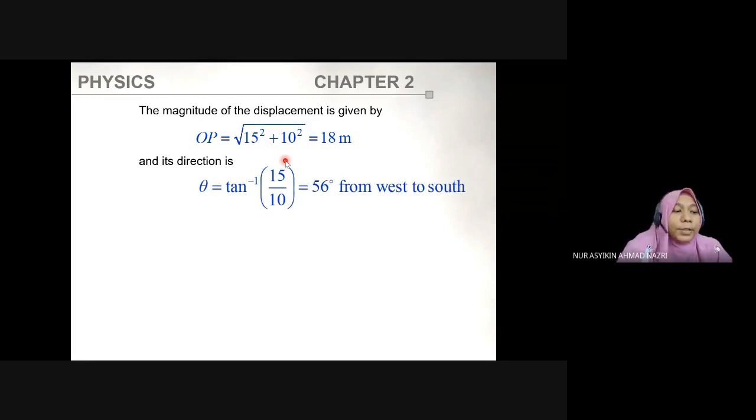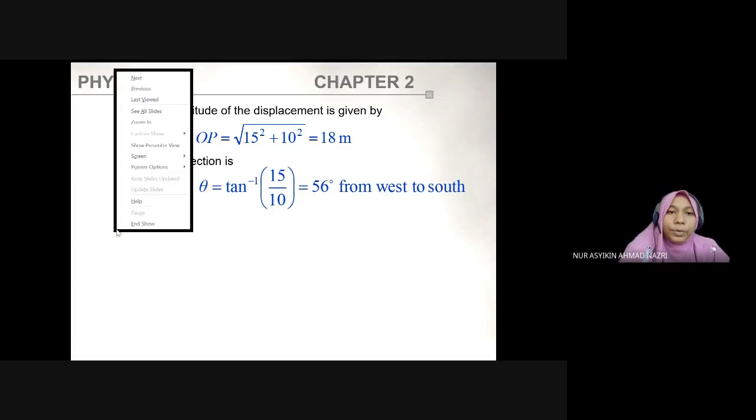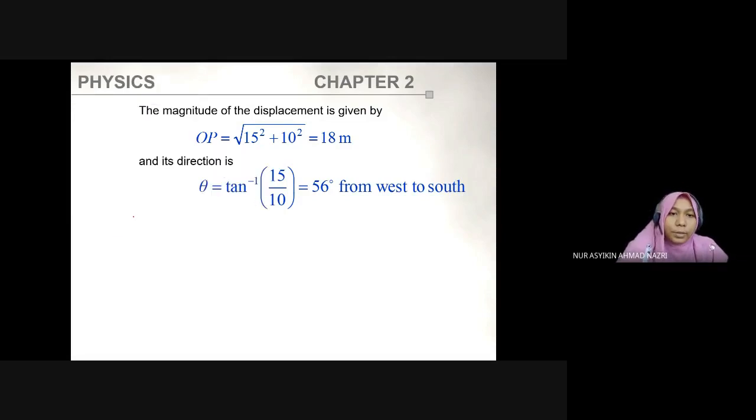And then for the direction, again, why we use tangent. You need to know why we use tangent so that awak tak ada question, so that awak tahu where the angle of tangent. We use tangent, again, saya explain balik sebab apa kita guna tangent. Okay, so this is because, again, we have triangle.